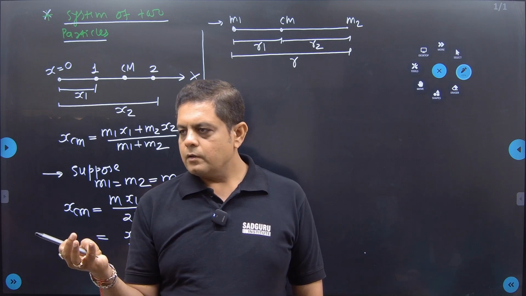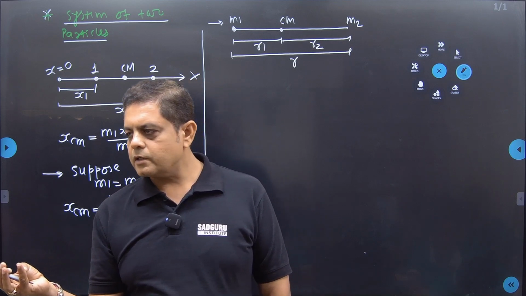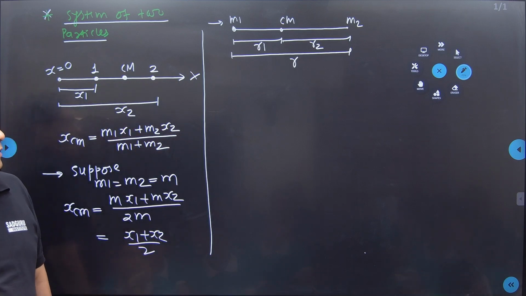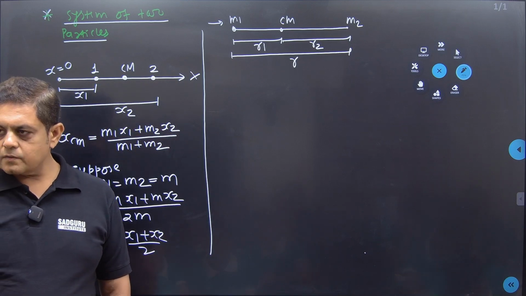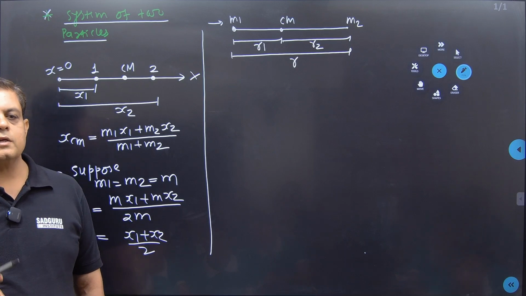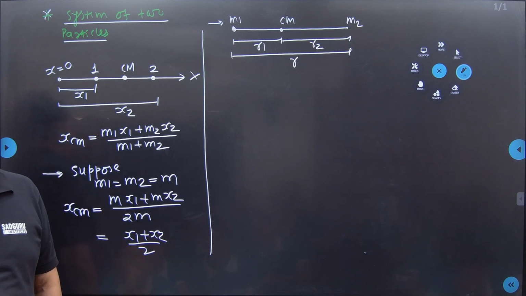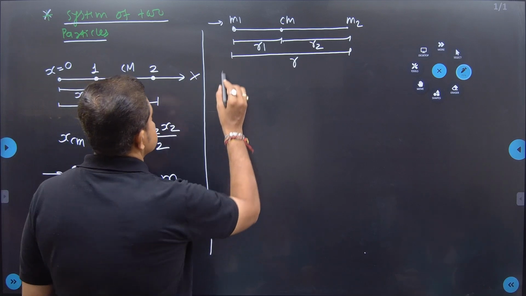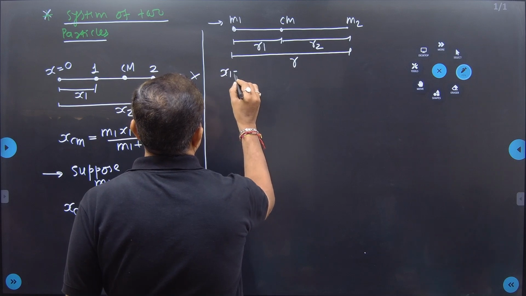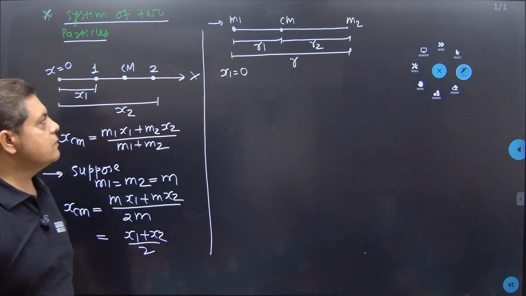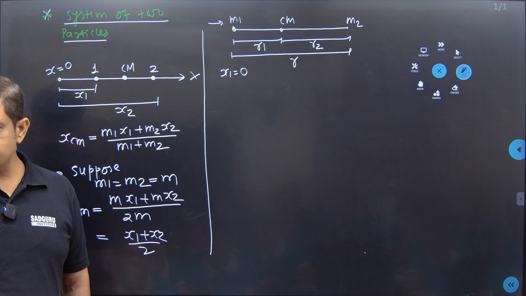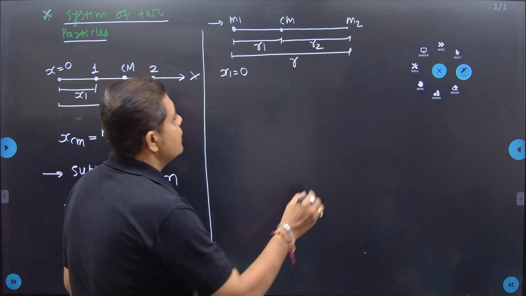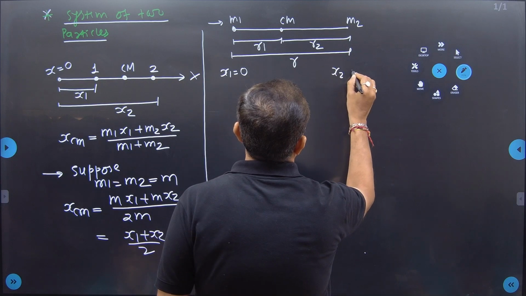So the masses of particle 1 and particle 2 and the distance between them are generally given. We have to find the distance of the center of mass from particle 1, that is r1, and the distance of particle 2 from the center of mass, that is r2. So I consider that particle 1 is at the origin. Suppose particle 1 is on the origin, so its x coordinate is 0, and for particle 2 its x coordinate is r.